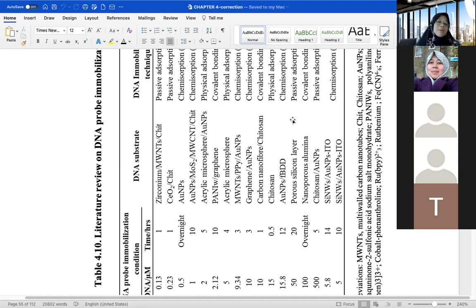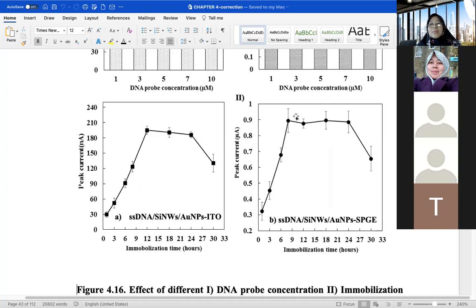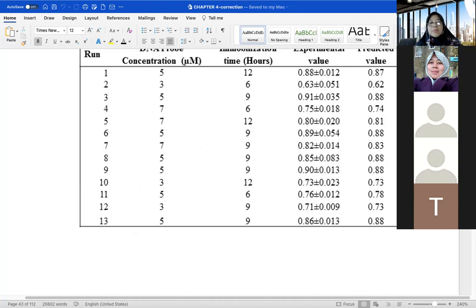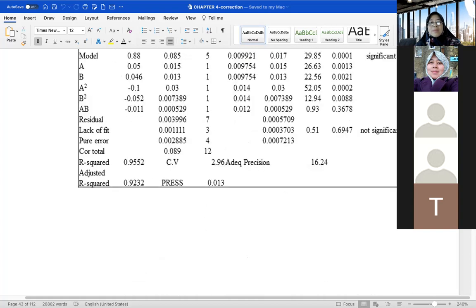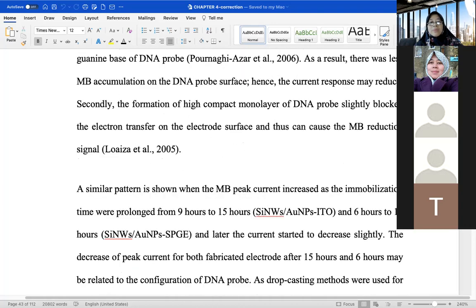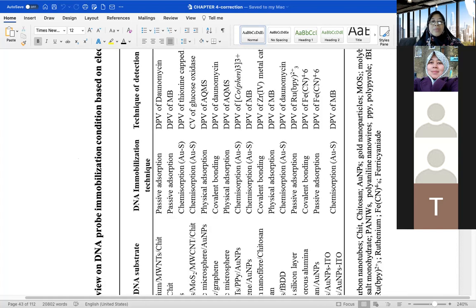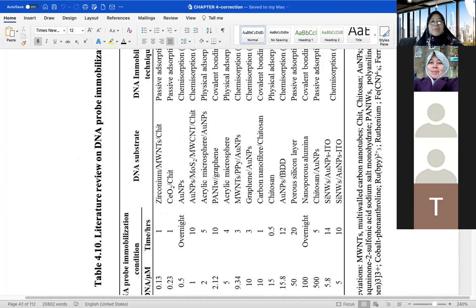In this case, he is making comparisons for DNA probe immobilization, meaning how you optimize the immobilization of DNA on the electrode. Quite a number of people have done it, so he would like to highlight what people have done, how they did it, and how their performance was.